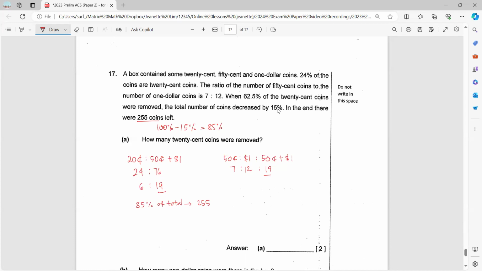So what am I trying to do for this? I'm trying to find the total at first so that I can use my ratio here. When I can use my ratio here, I can find how many 20-cent coins there are. Then I can also find the decrease in the 20-cent coins.